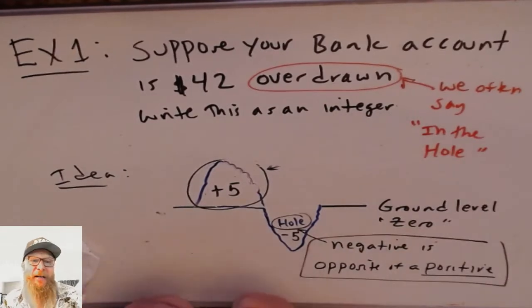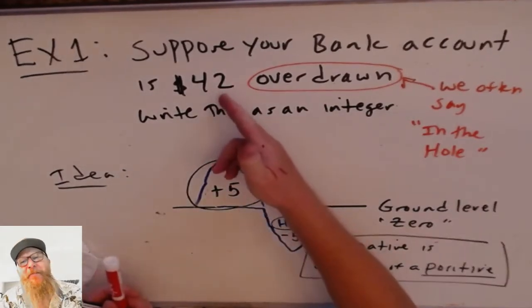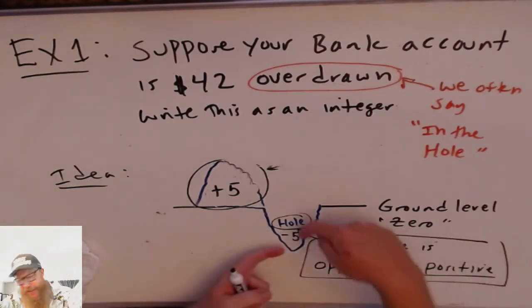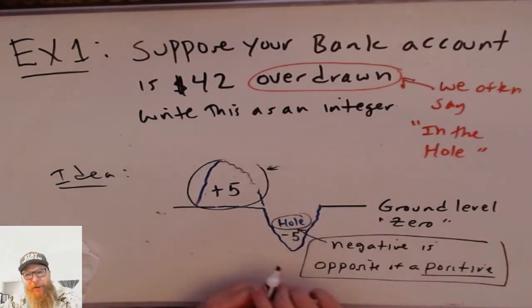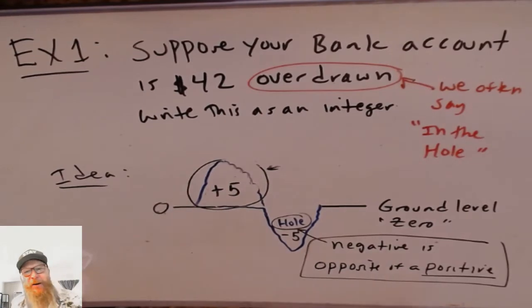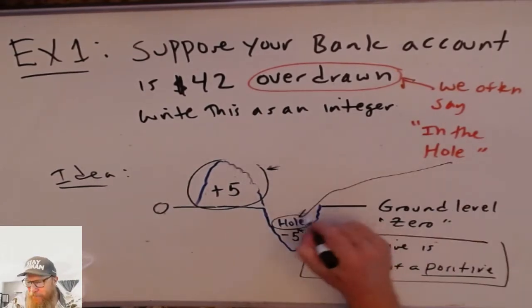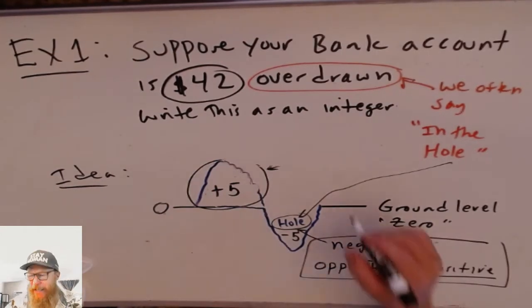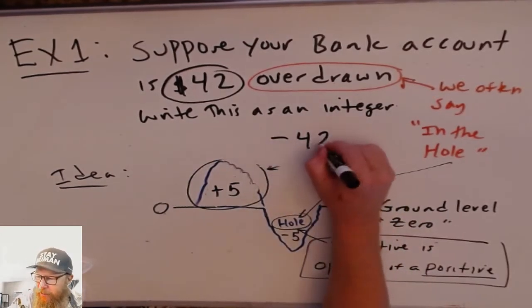I often say it. If my bank account is overdrawn by $42, I'll say, I'm in the hole for $42. It's like you're below ground level. Ground level is 0, and you're down in the hole. And so to represent $42 as an integer, it would be negative $42.